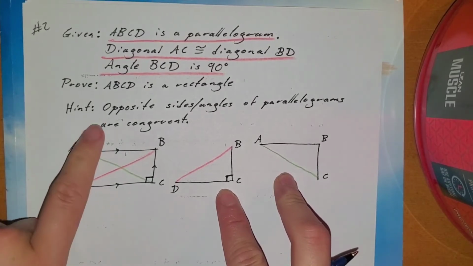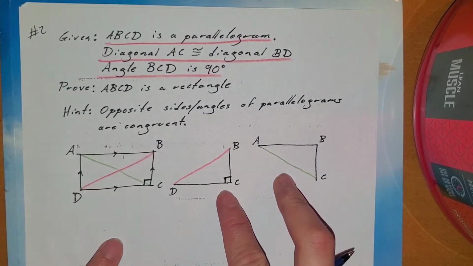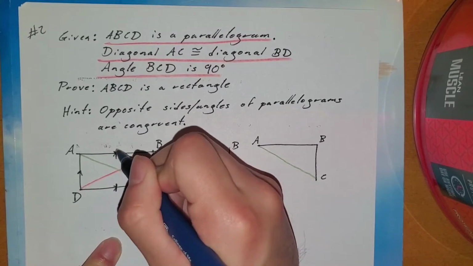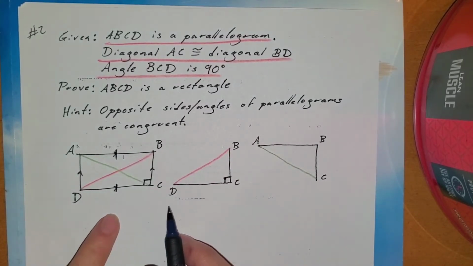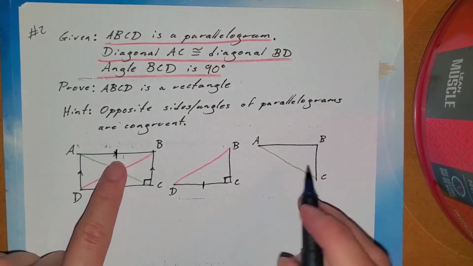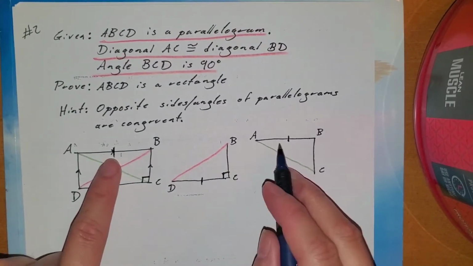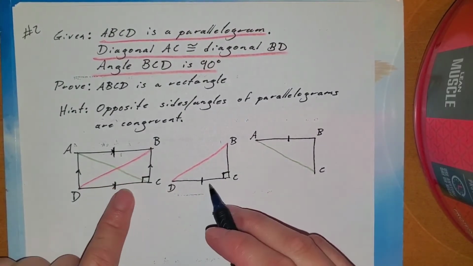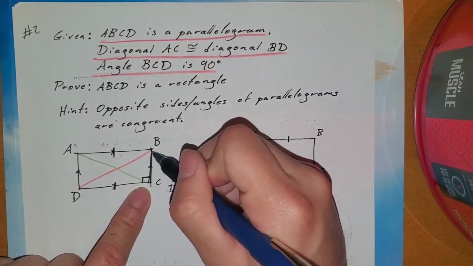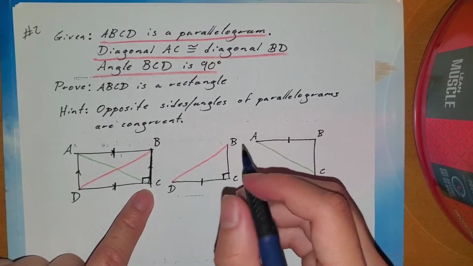One thing, if you look at the hints, opposite sides and opposite angles of parallelograms are congruent. The opposite sides are these ones, and they are congruent. So that means that the bottom part of the triangle along with the top part of this other triangle are congruent. Then notice that both triangles share this side. BC and BC, both triangles share this side.